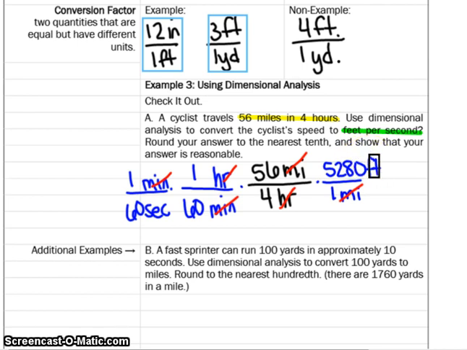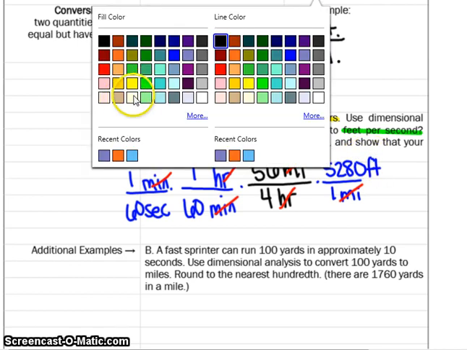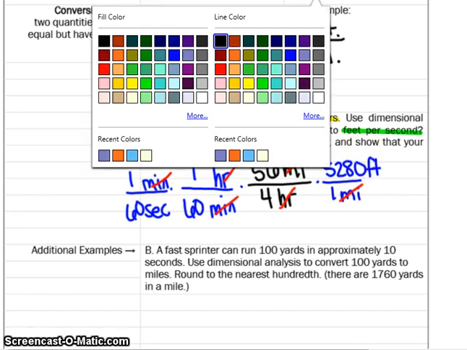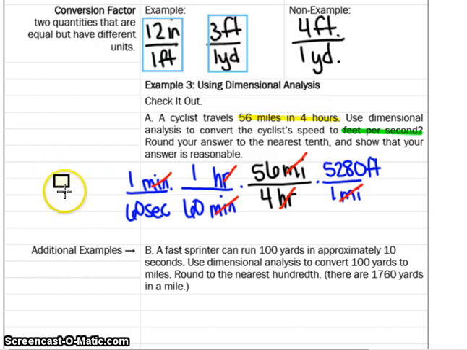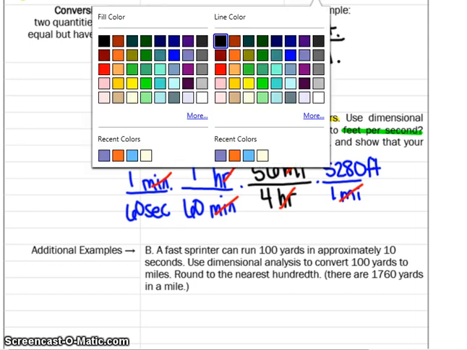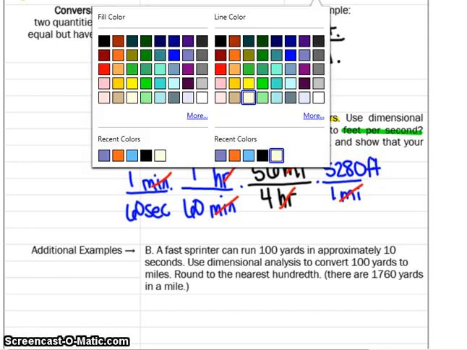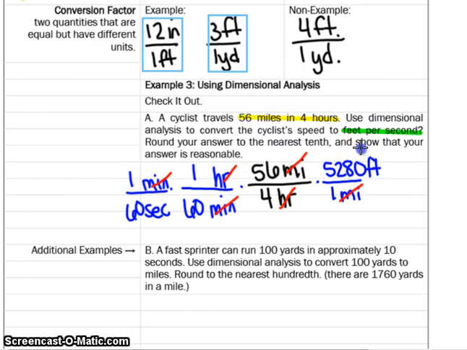Oops, not the color I wanted, sorry. Let me get something a little lighter so you can still kind of see behind it. This is not working for me, I apologize. Let me see if this is going to work. That's not going to work. I'm having troubles. I don't want it to be shaded. Let me try this. That's not showing up. This is becoming more difficult than it should. Here, let's try this color. Oh, and now it's shading it.